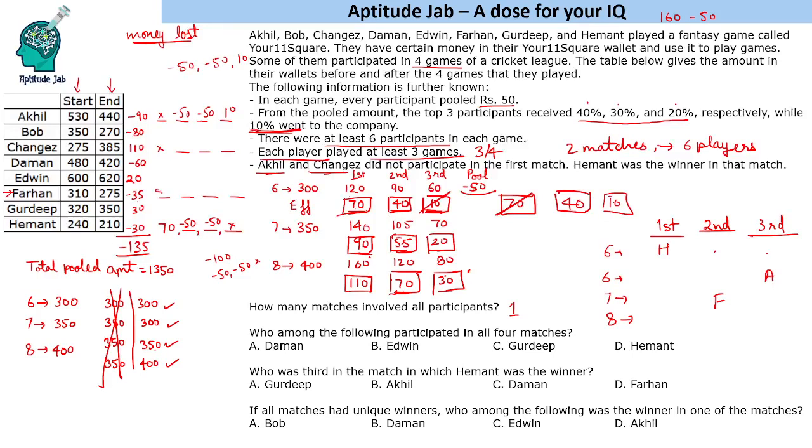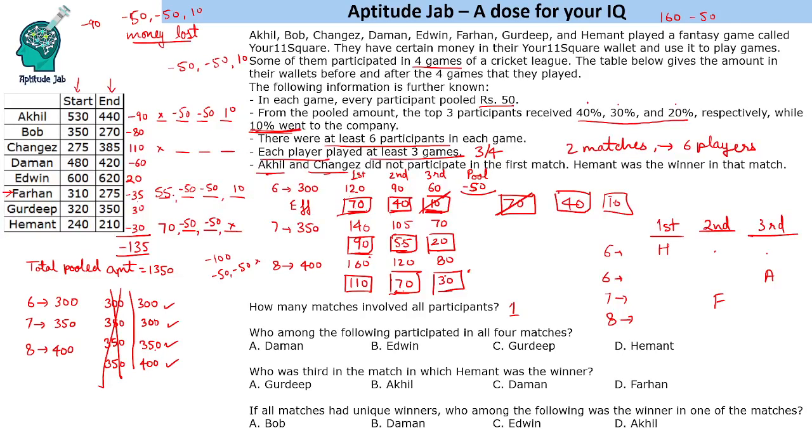Now Farhan made 55. Now Farhan has to lose minus 90. He has to lose 90 rupees in three matches. So a 90 loss in three matches will be minus 50, minus 50, and 10. So he will lose the other two matches and win 10 rupees in one of the matches.